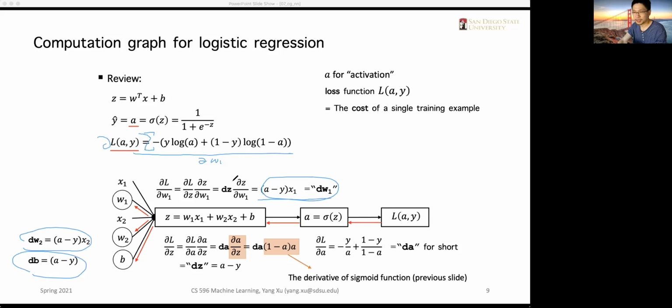But now on this page it is not the cost function, but the loss function, which is defined on each data example. So all the gradients are in simpler forms.